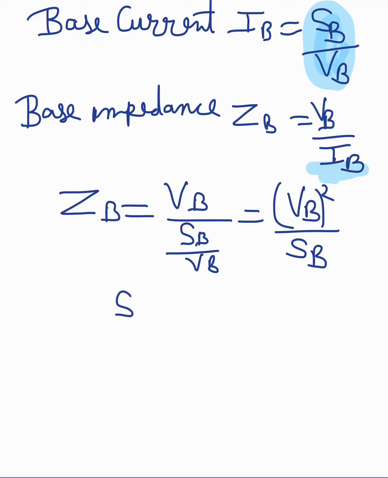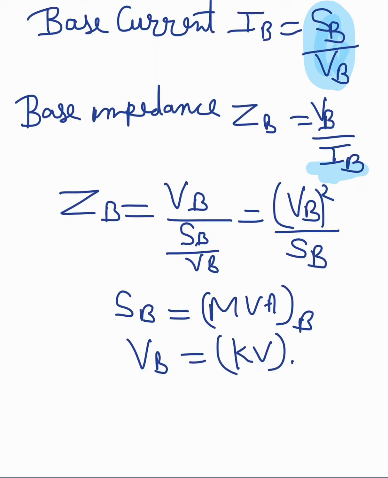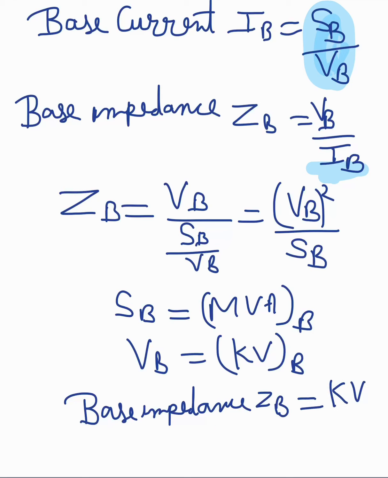So we can write SB is equal to MVA base value, and VB is equal to kilovolt base value, and so base impedance ZB is equal to kV base whole square upon MVA base.